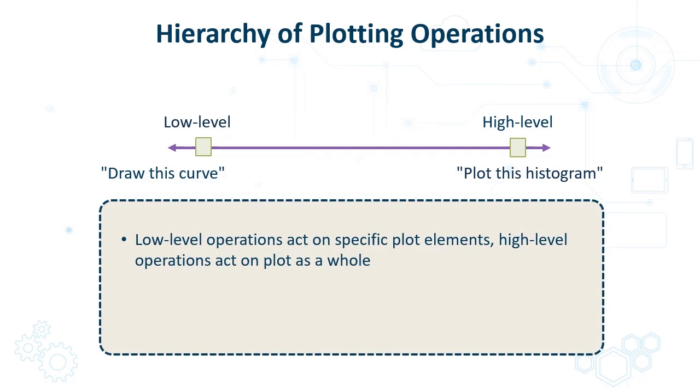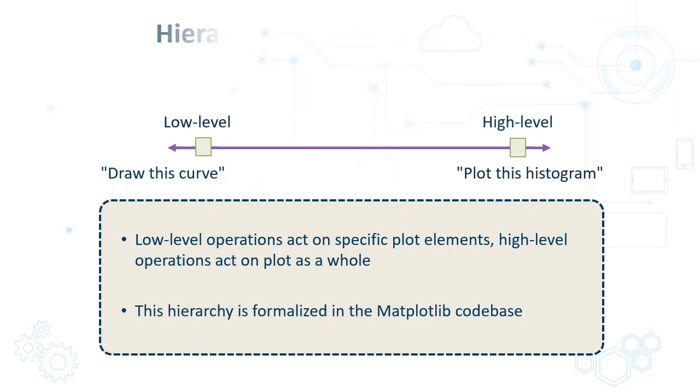So, low level operations work with specific elements of the plot, whereas with high level operations, you simply define the type of plot you want and then supply the data. In fact, this high-level and low-level hierarchy is defined within the matplotlib codebase itself.